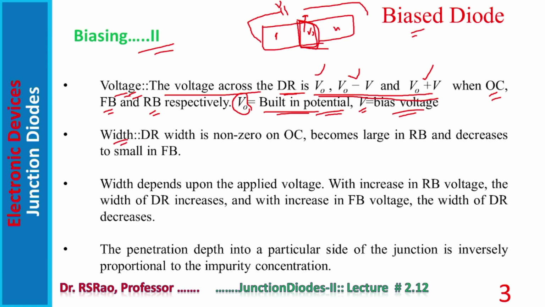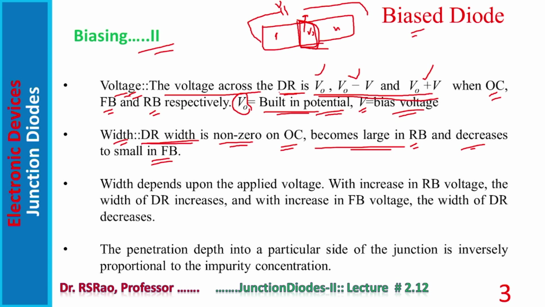Width of the junction region, the DR width. DR, as already mentioned, stands for depletion region. This width is non-zero on OC, becomes large under reverse biased condition, and decreases to small when the diode is under forward bias.